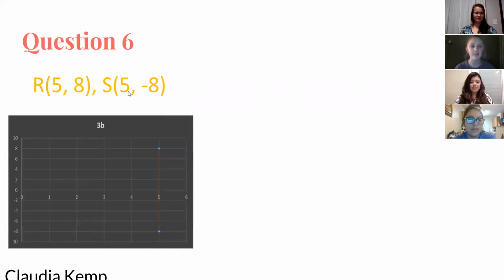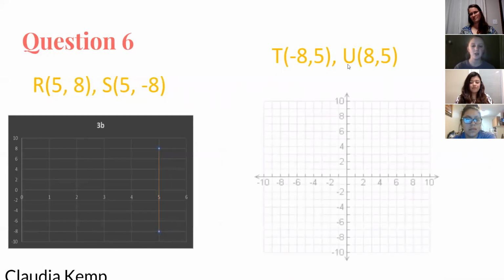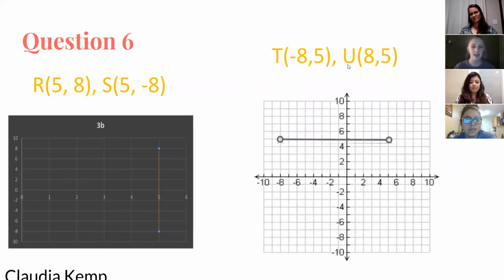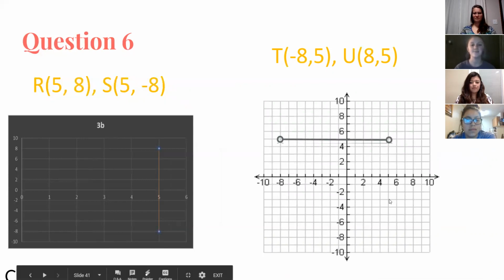They both have 5, which we can know, since there's no change in x, that it's going to be a vertical line. So we can know just by looking at these 2 points that they're going to be a vertical line. The same goes with the y value. You see here, this line has the same y value for point T and the same y value for point U, which forms a horizontal line because there is no change in the rise.